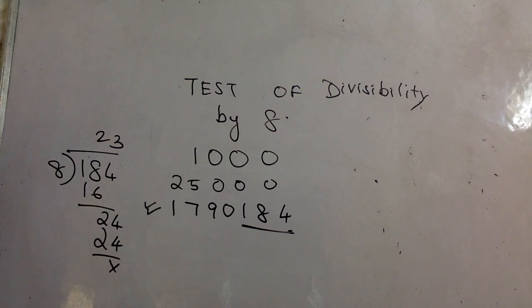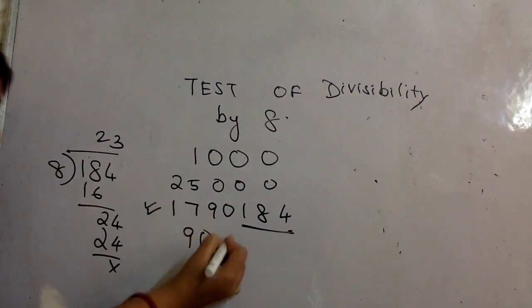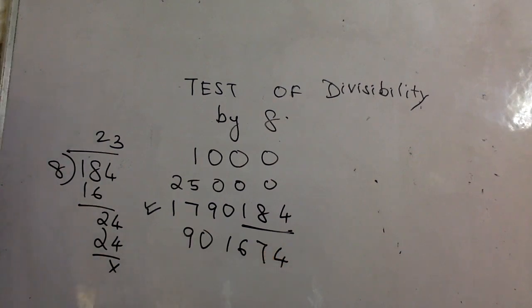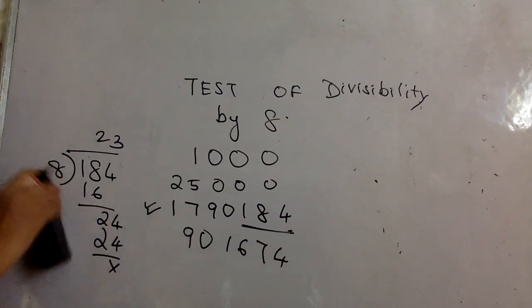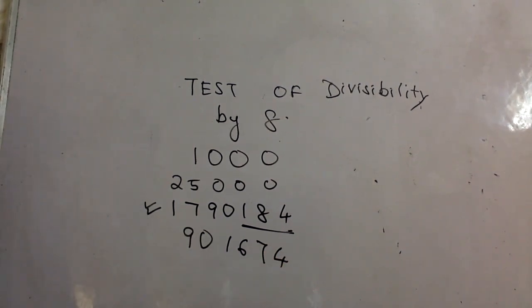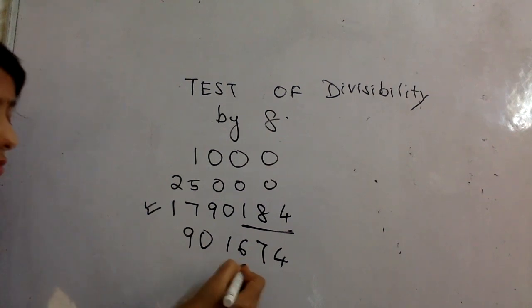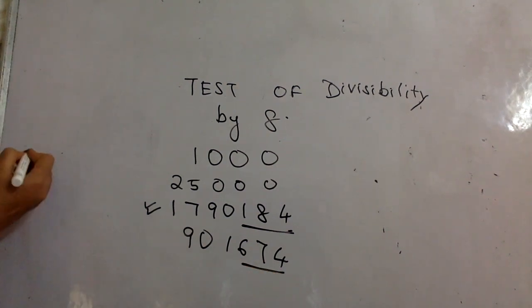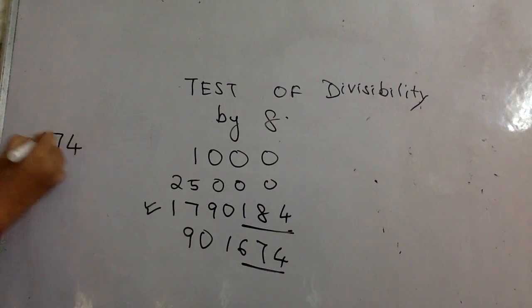Let us take another one, let's take 901674. Okay, we'll check for the divisibility of this number. So here we'll go only for this much, 674.